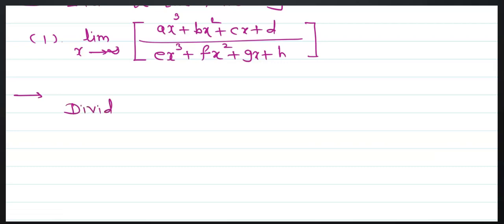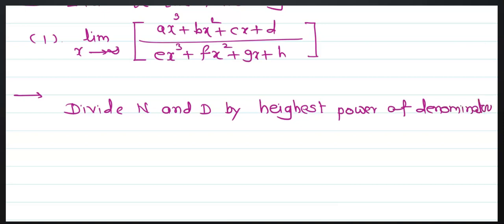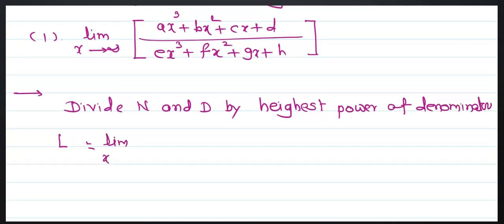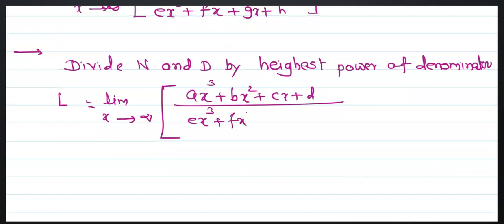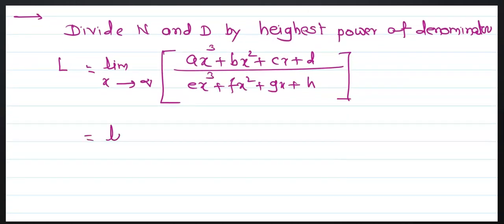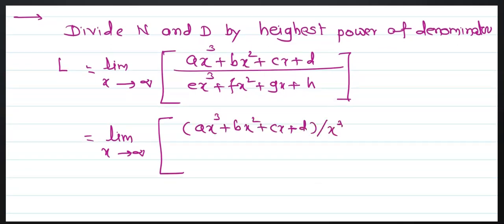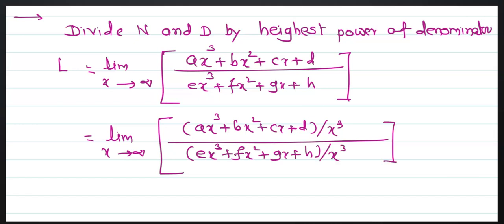We divide the numerator and the denominator by x cube. Therefore, we divide n and d by the highest power of the denominator. The limit as x tends to infinity of (ax cube plus bx square plus cx plus d) upon x cube, over (ex cube plus fx square plus gx plus h) upon x cube.